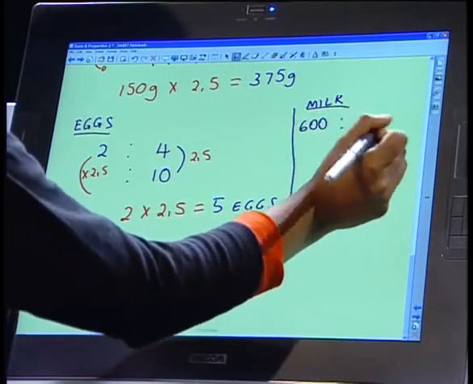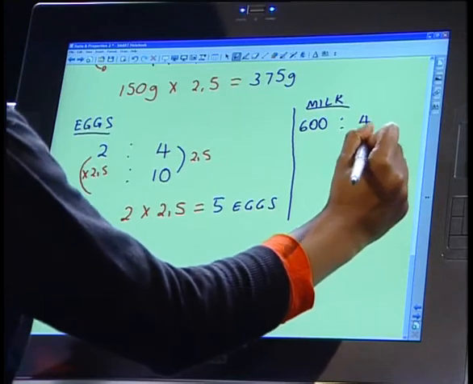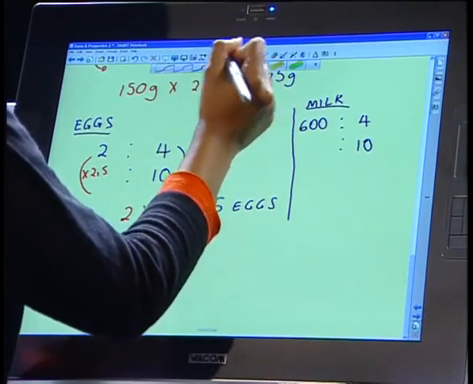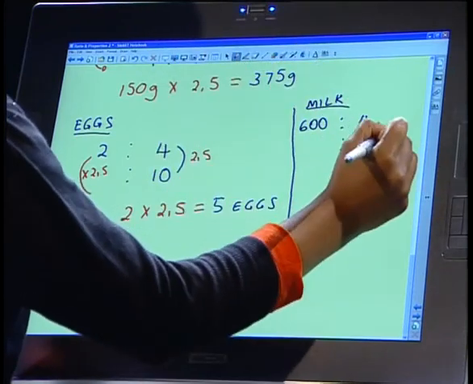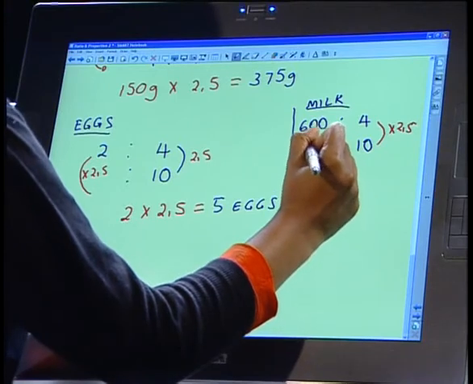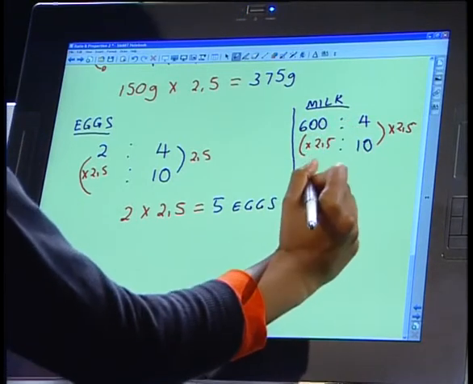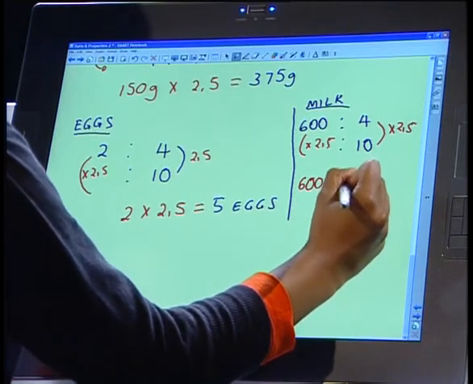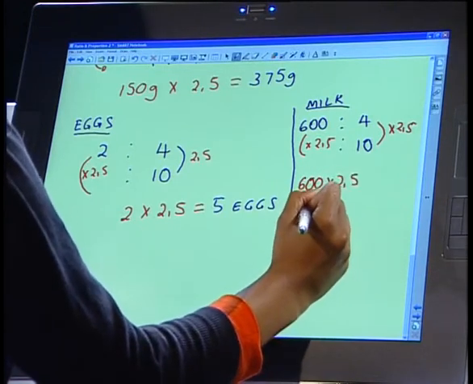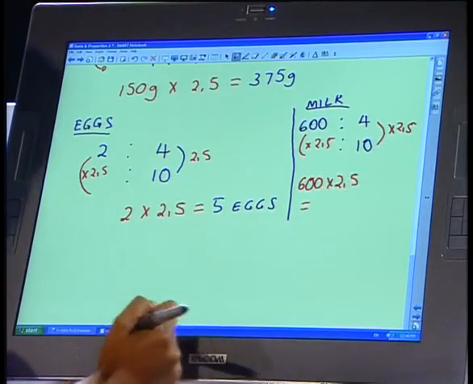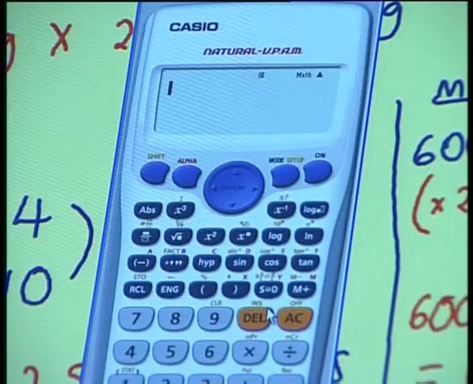600 milliliters of milk for 4 people, but I want to get to 10 people, and by now you've got the pattern. The only thing you're going to have to do is times by 2,5, and that will tell you how much milk you would need. So 600 times 2,5 is equal to, as I said, I've already calculated all of these, but we can do it on our calculator just to show you how we work it out.